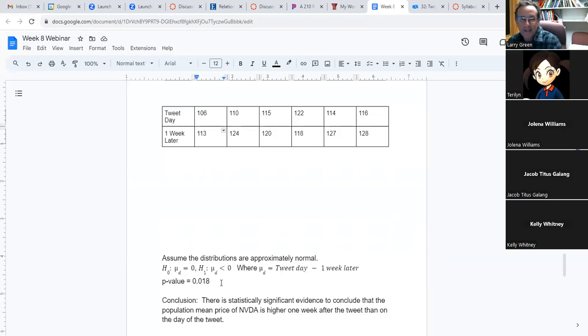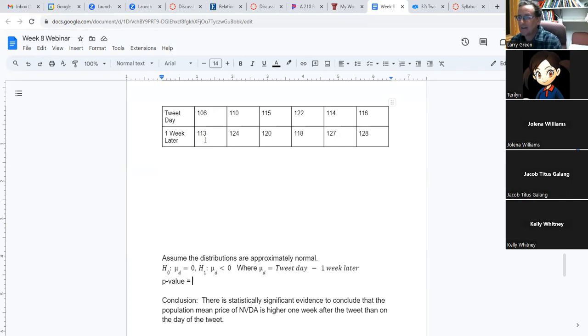H1 is mu sub d is less than 0, because if it went up, that means the first minus the second is negative. Any questions on coming up with H naught and H1? Okay, so H1, I think the easiest way of doing it is subtract. You take 106 and subtract 113, you get a negative number.